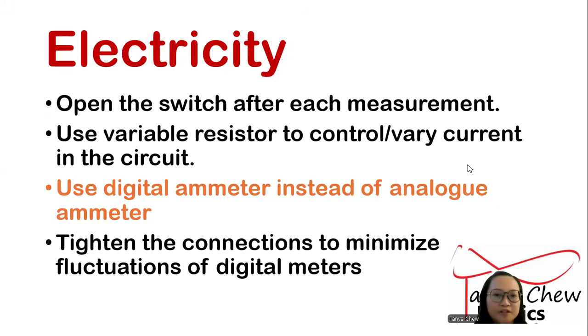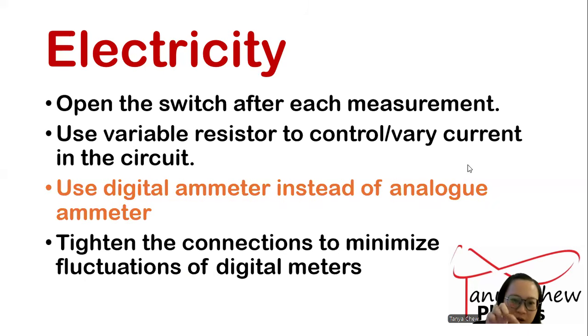And sometimes when we use a digital ammeter or digital voltmeter, the readings are fluctuating most of the time. Sometimes it gives us a value, but before I can record it, the value changes to other values. So you need to tighten all the connections to minimize the fluctuation due to a circuit that is not tightened up.